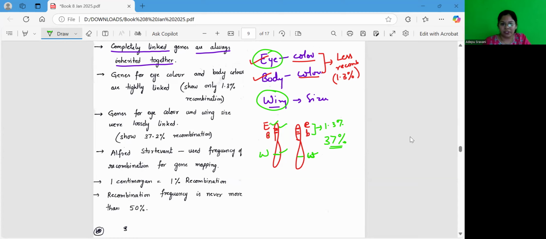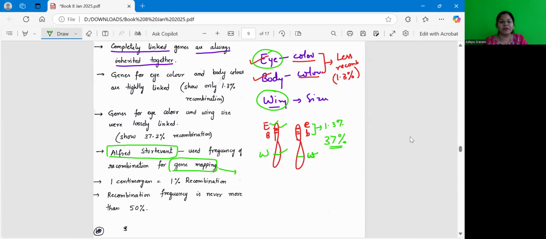So here, coming to the gene frequency again, Alfred Sturtevant, who was the student of Morgan, used the frequency of recombination for gene mapping. Now, what do you mean by gene mapping? Gene mapping is the location of genes on the chromosome. Okay. So based on the distance of the genes in the chromosome, we can tell where exactly the gene is present in the chromosome.